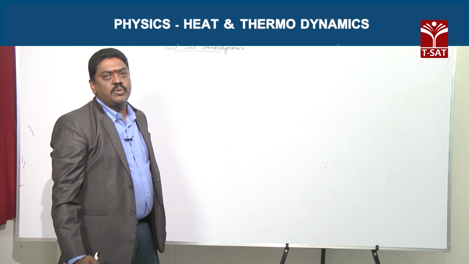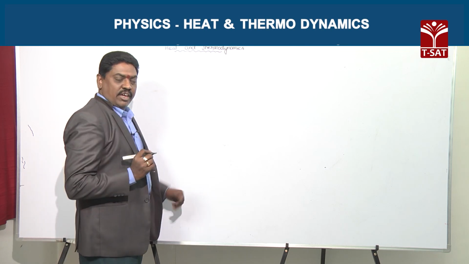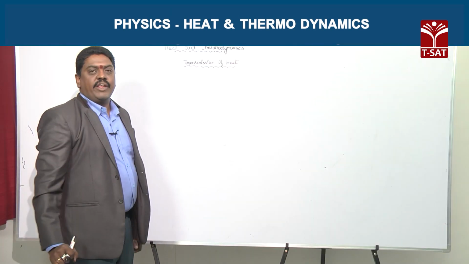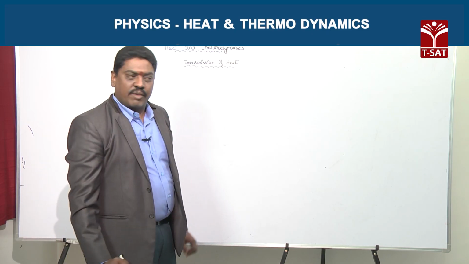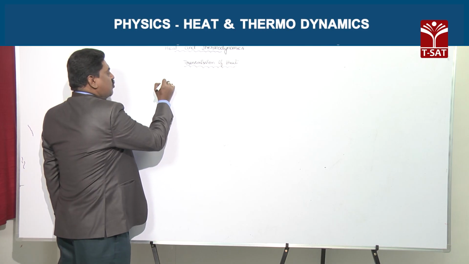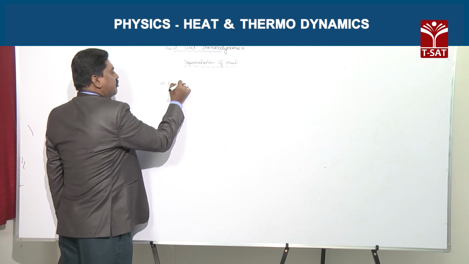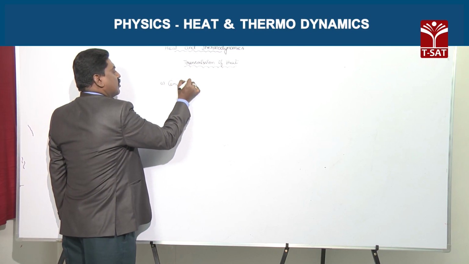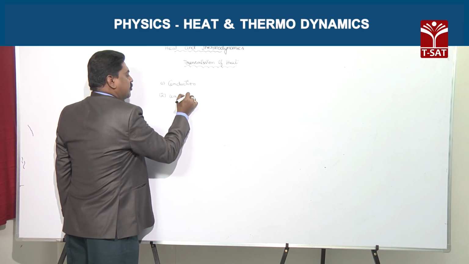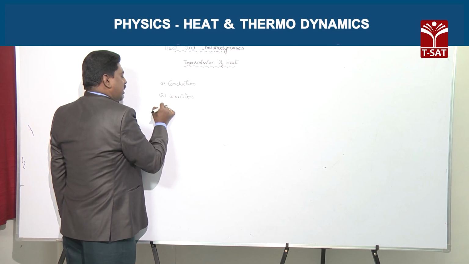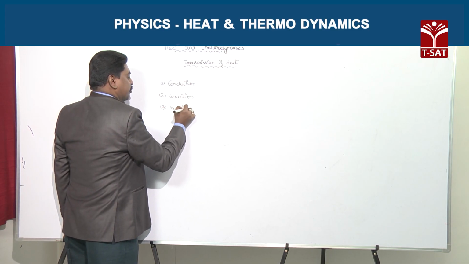Now let us move to transmission of heat. There are various modes of heat transfer from one body to another body. The various modes are: the first one is conduction, the second one is convection, and the third one is radiation.